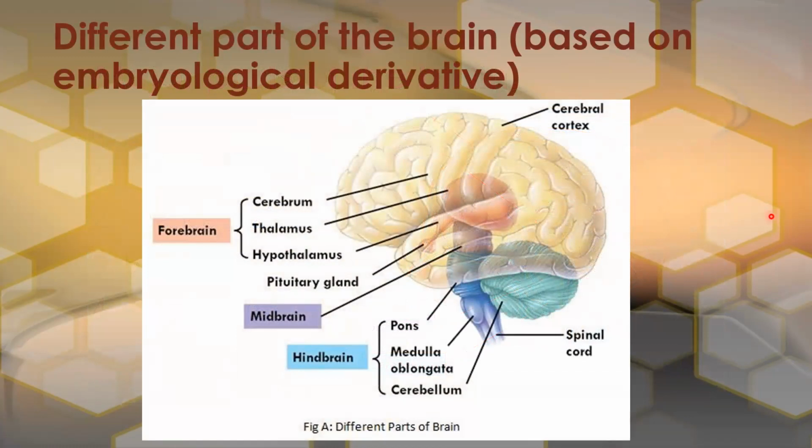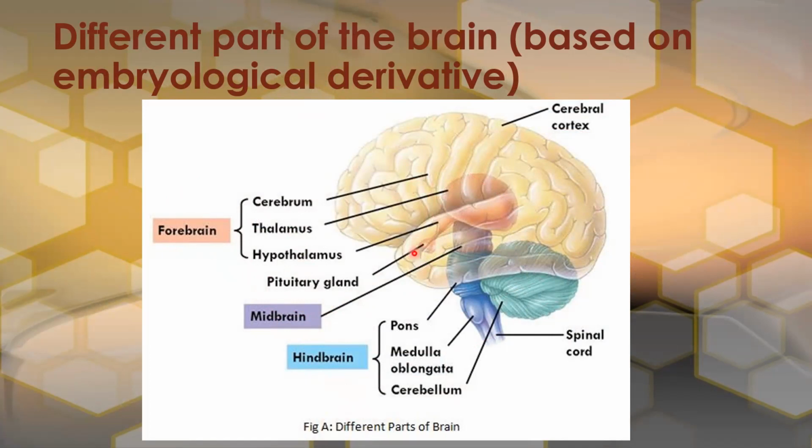They also differentiate based on the embryological derivative, like forebrain, midbrain, and hindbrain. Forebrain: cerebrum, thalamus, hypothalamus, and pituitary gland. The pituitary gland is very special.